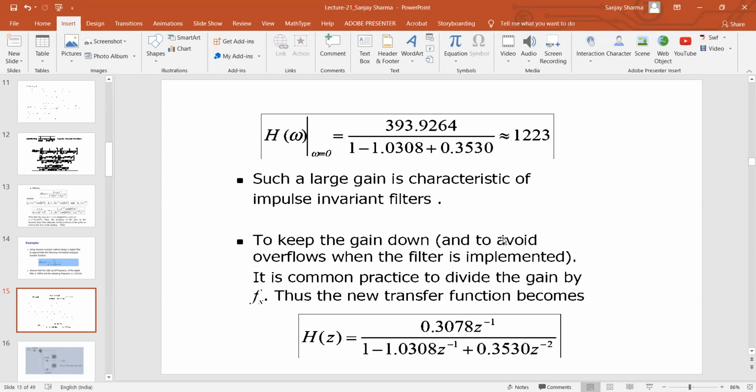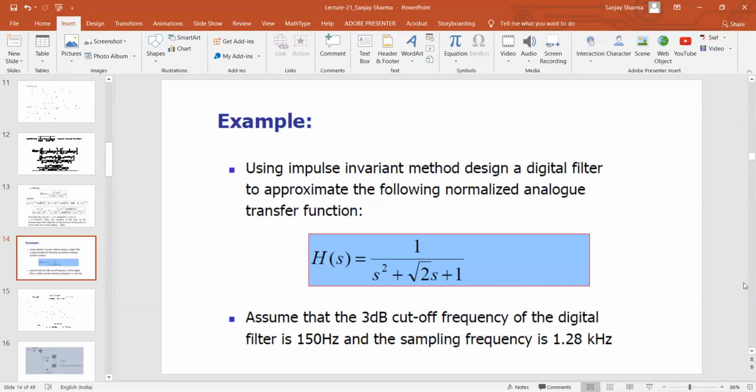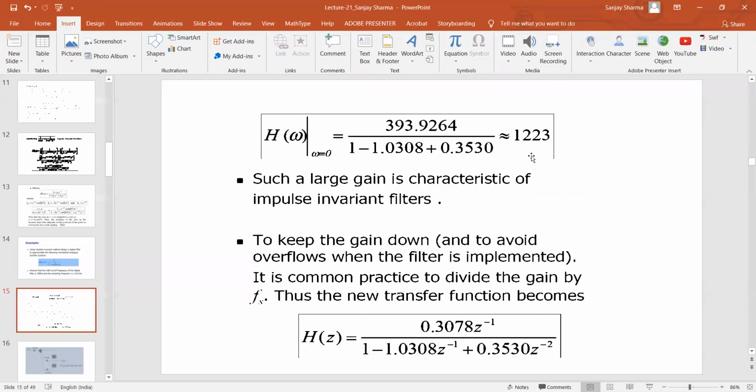To keep the gain down and to avoid overflows when the filter is implemented, it is common practice to divide the gain by Fs. Now we divide this; gain is given to be 1223, Fs is given to be 1.28 kilohertz. So we divide this high gain with the Fs value. Once we divide that, we get this transfer function.